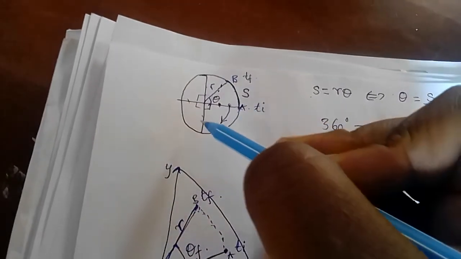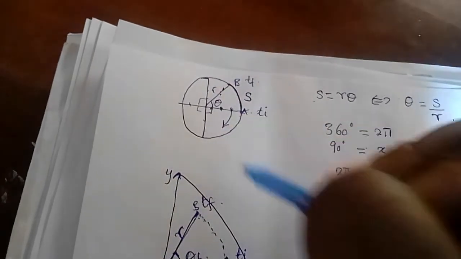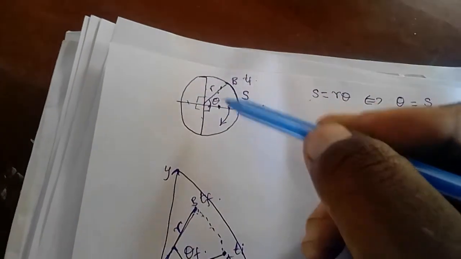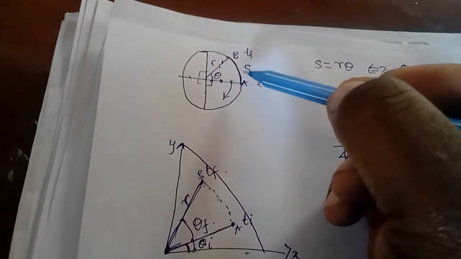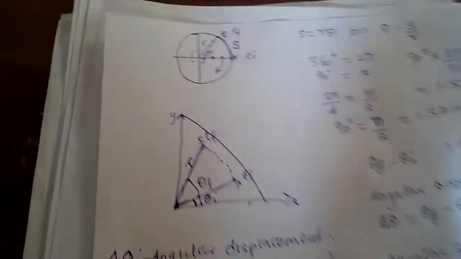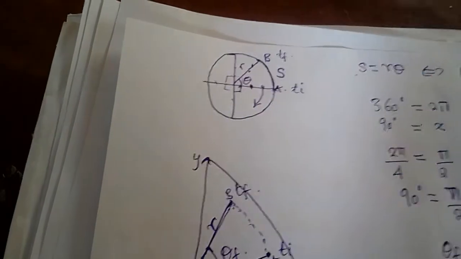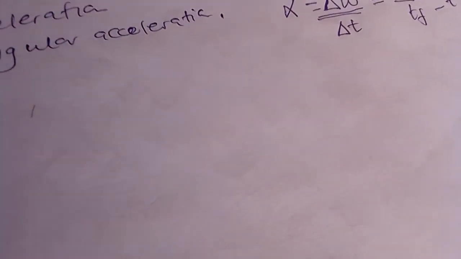So if we start going in an opposite direction, then we are following the negative path. So when you're looking at angular motion, clockwise motion is considered as negative, whilst anti-clockwise motion is considered as positive. So that's what we have for now.